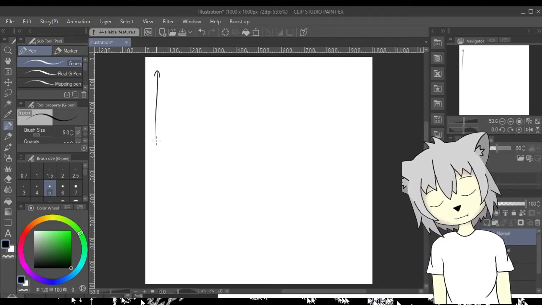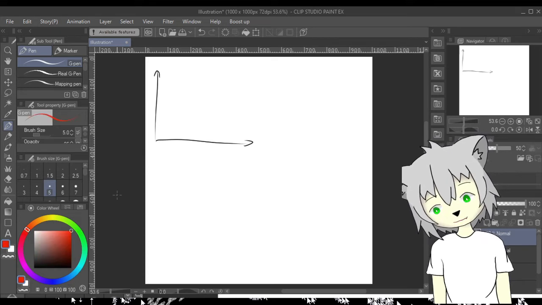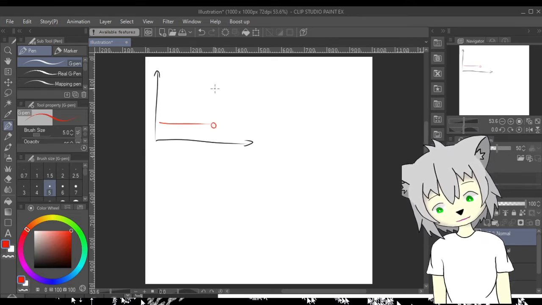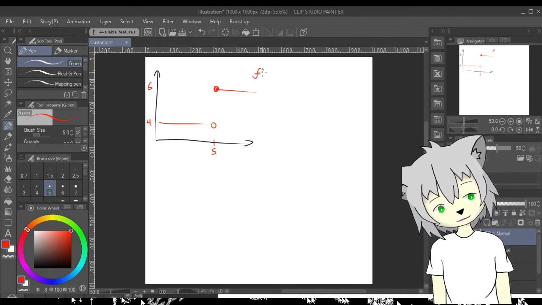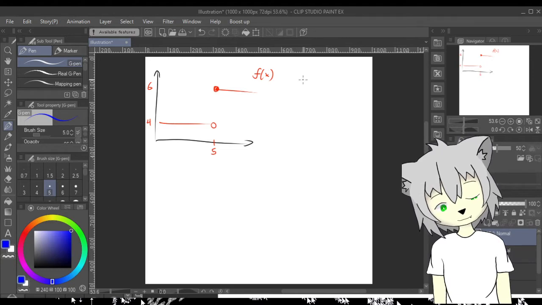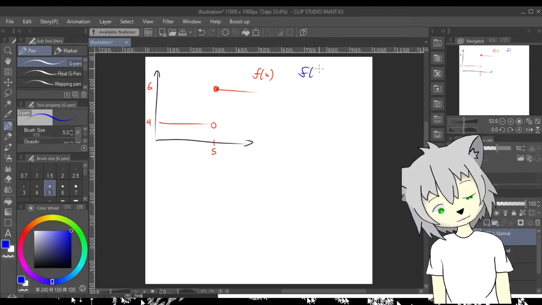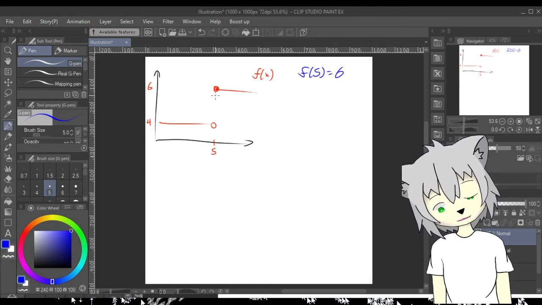But here's a special little function here. This doesn't really make sense, I suppose, but this is f of x. F of x at 5 equals 6, because it's defined at this point.